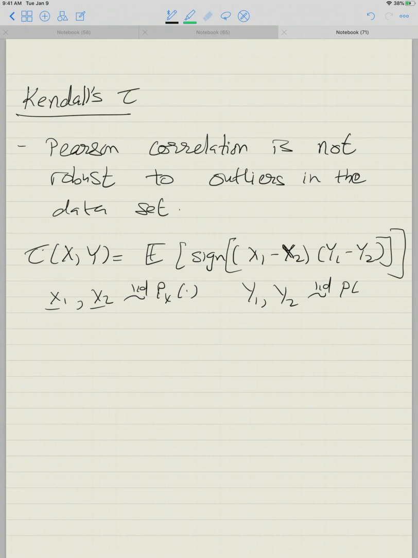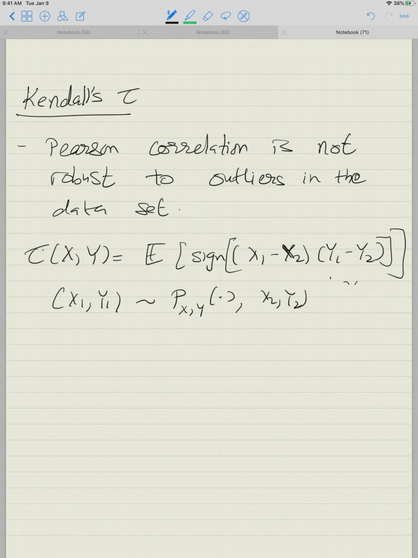Here x1, y1 is sampled from the joint distribution P of xy, and x2, y2 is independently sampled from the joint distribution P of xy. And so these are independent samples.